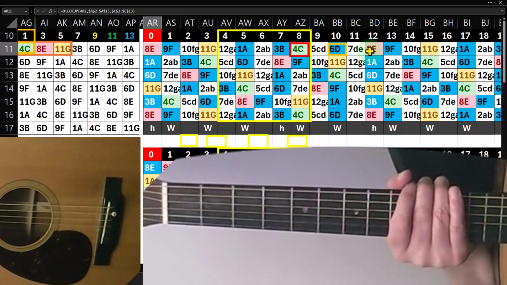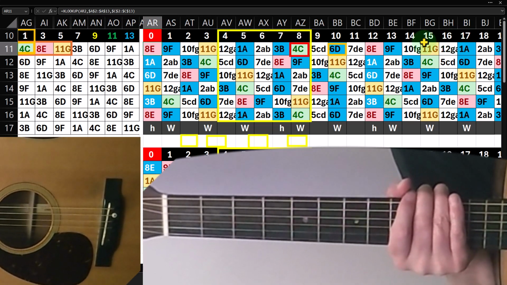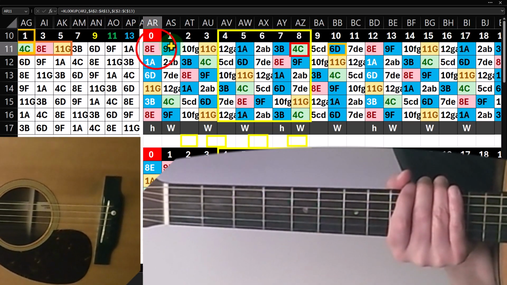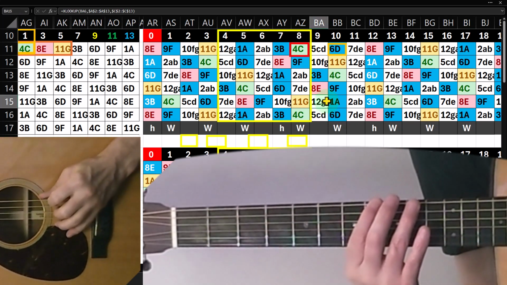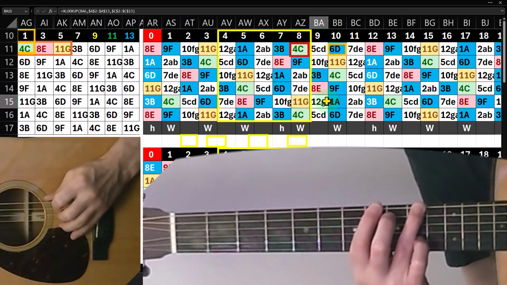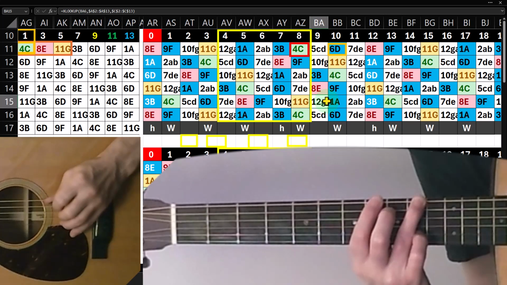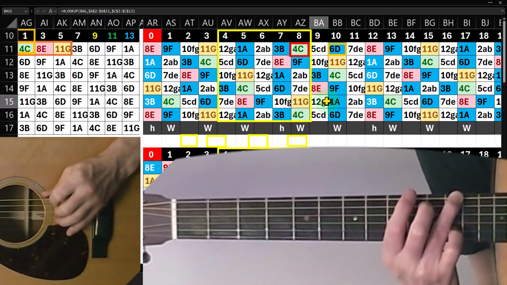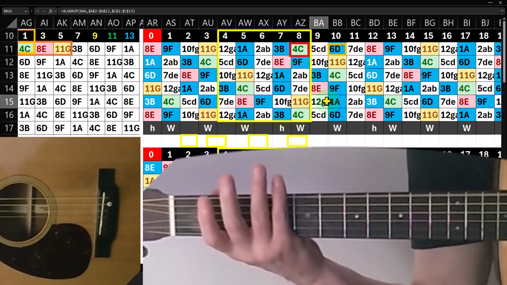I could, in theory, go up the guitar depending on how many frets we have, but I'm going to bring it back to this step. So if I played this on the guitar, from 1 to 2 is a whole step, and then from 2 to 3 is a whole step, and then that E is also an open E up here. So now I'm back to this E.